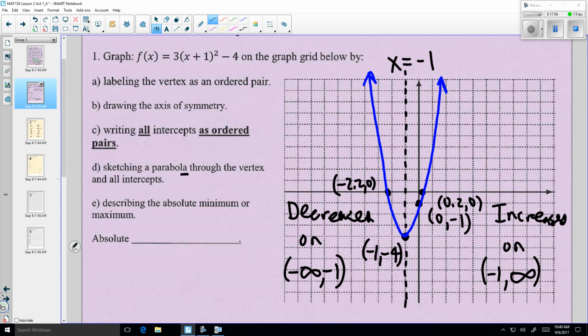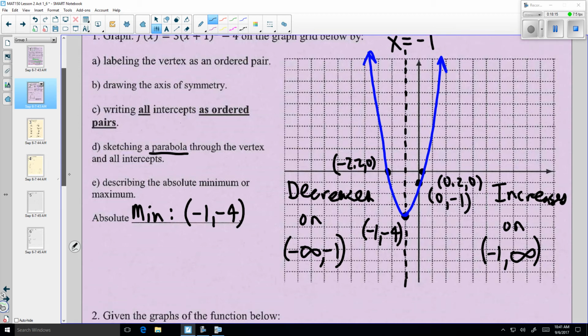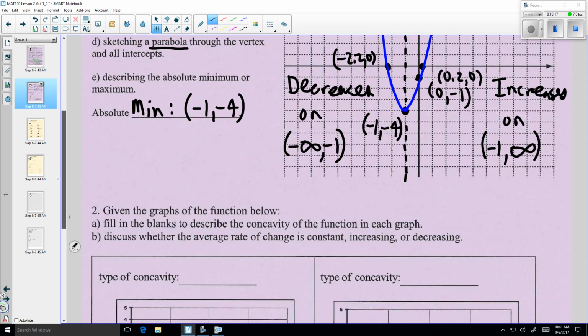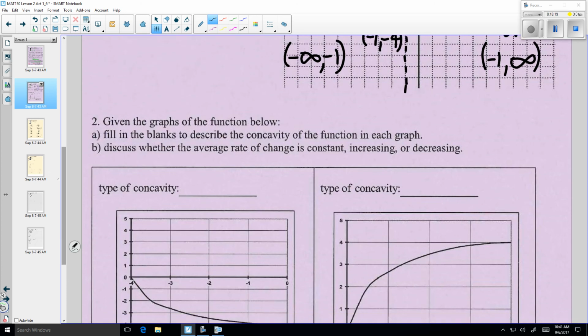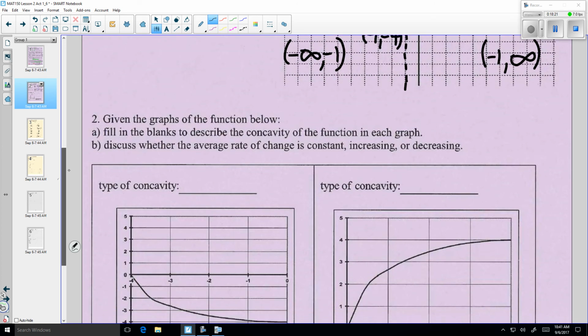They call this graph for a squared graph like this, x to the second power, a parabola. And then we want to describe this absolute minimum. And it's the point -1, -4. So that touches a lot of bases in lesson 2 on just general function behavior, more complex than linear behavior.